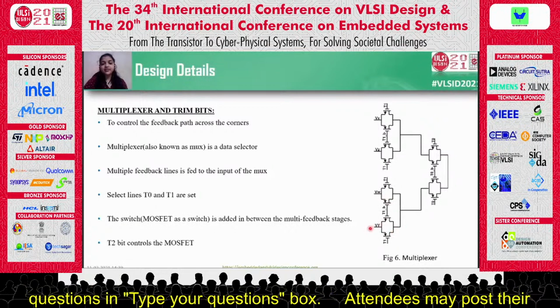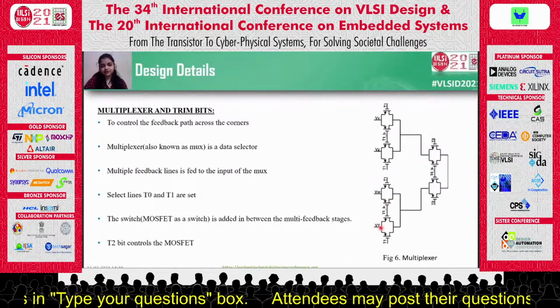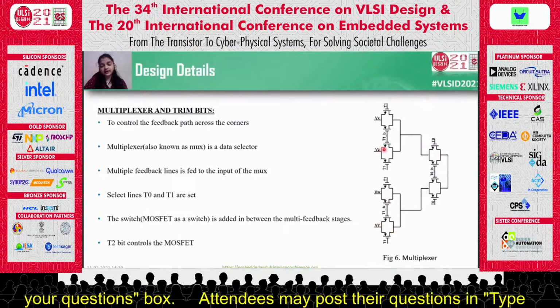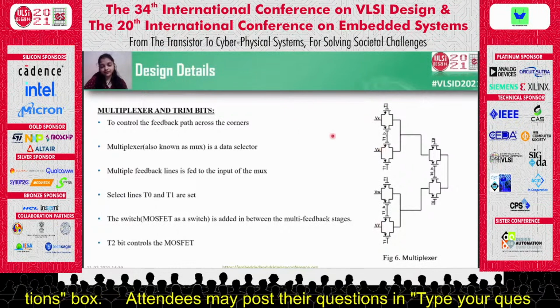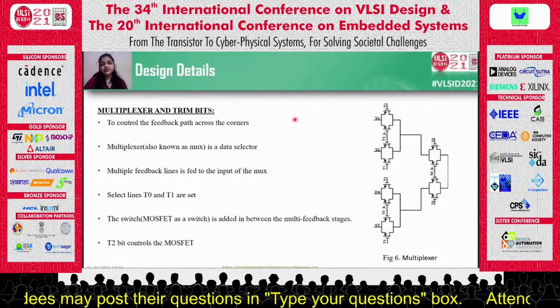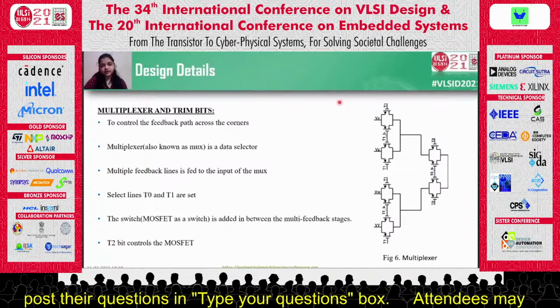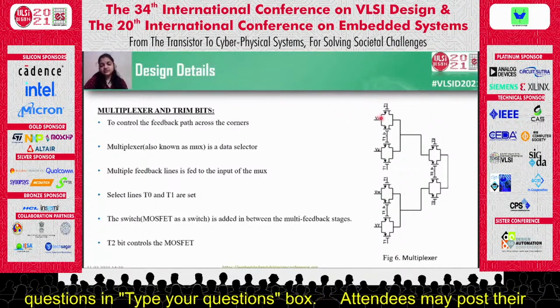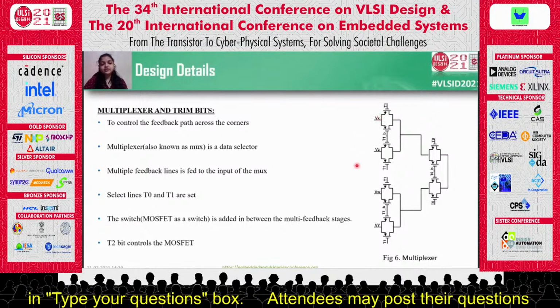Here, multiple feedback lines are fed to the input of the mux. These multiple feedback lines come from the output of different stages of the stacked inverter. The delay across different process corners was noted down and the stages were decided accordingly.